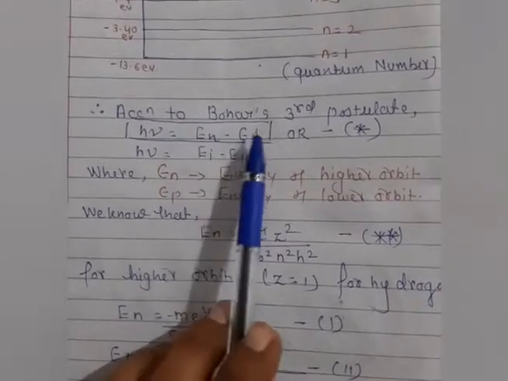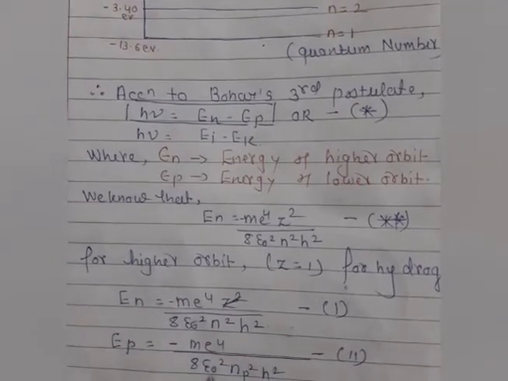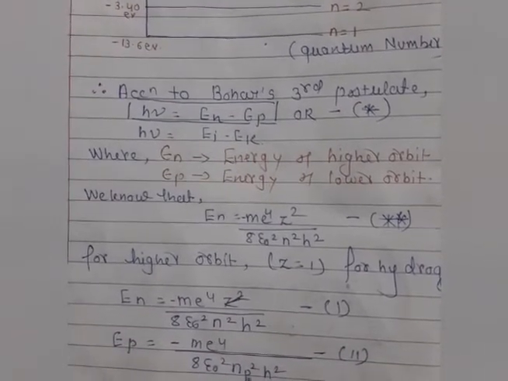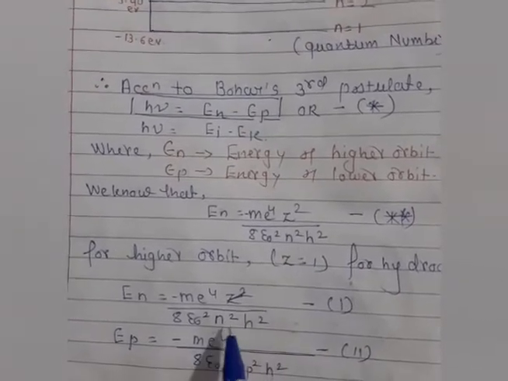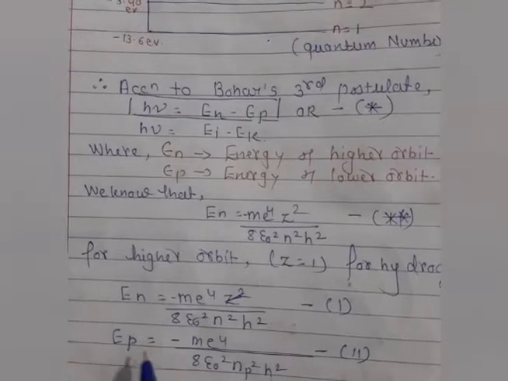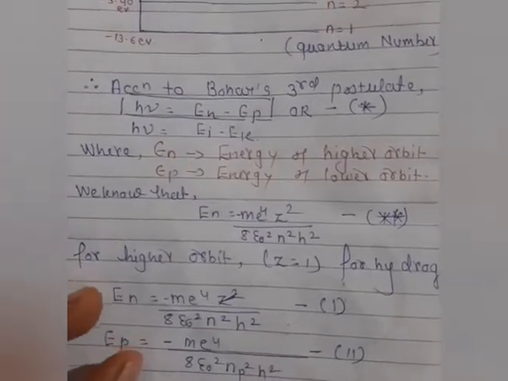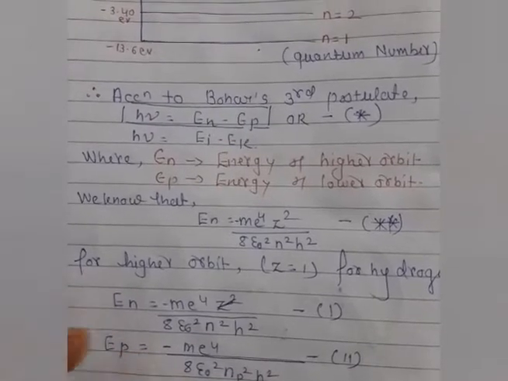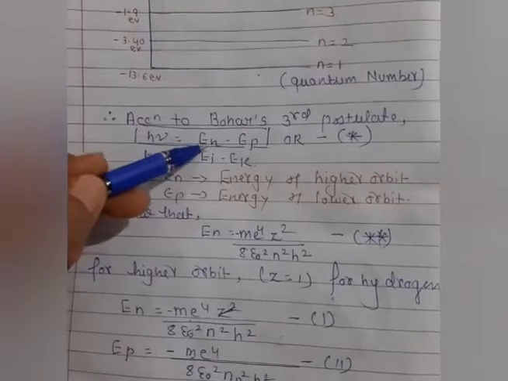For the p orbit, Ep equals minus m e to the power 4 over 8 epsilon naught square p square h square, because Z is 1 for both the n orbit and the p orbit. Here I considered p as the second orbit. Clear? Now we are substituting these two conditions, En and Ep, in the star equation.